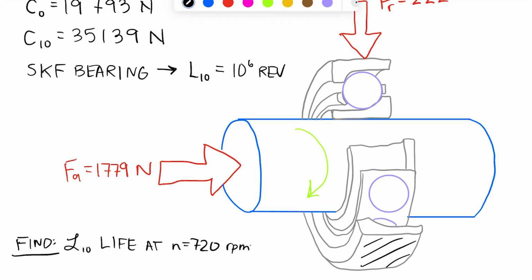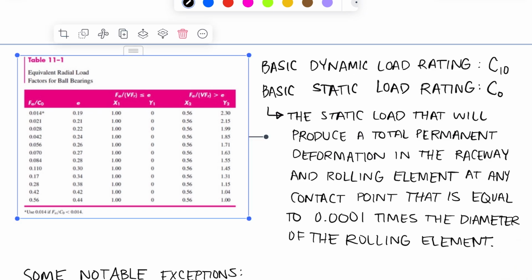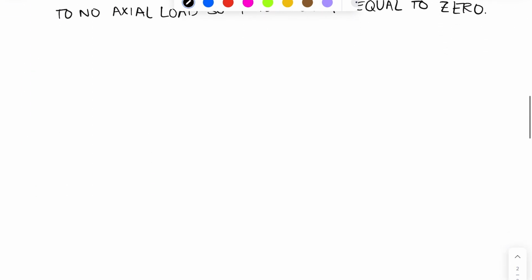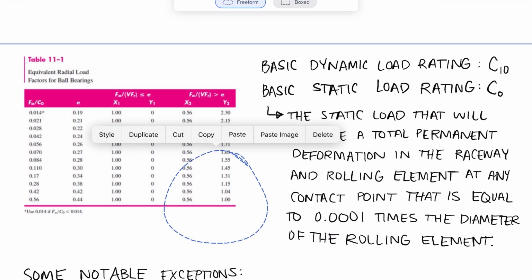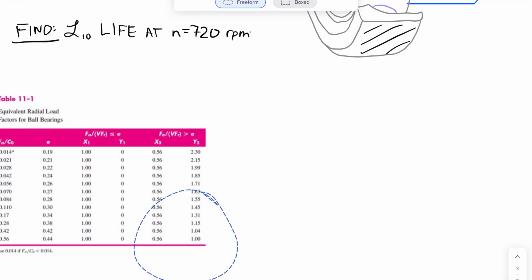Okay, so using what we learned in our last video, we know that we are going to need this ratio of FA over C0 in order to use this table. So let me just copy this table and bring it down. We can use it in a second.